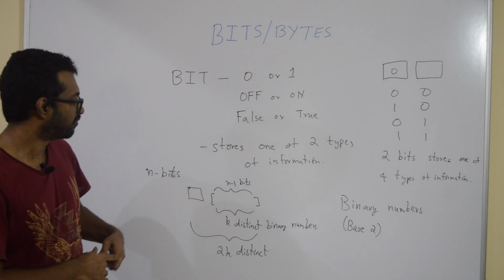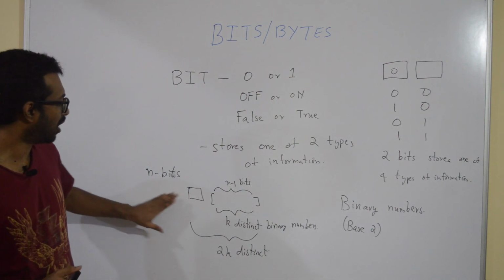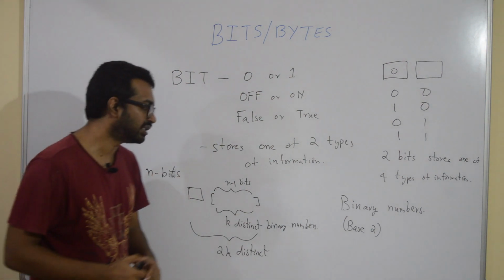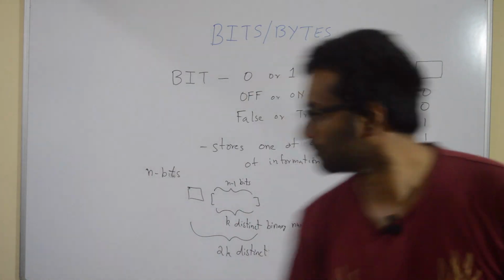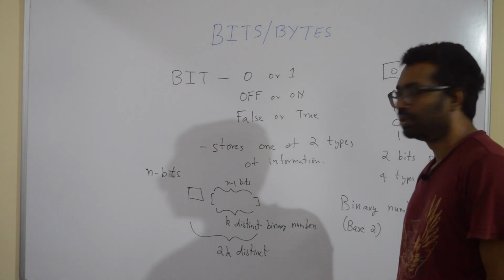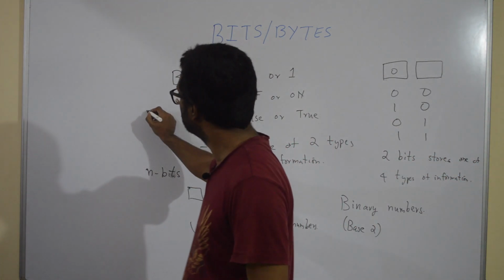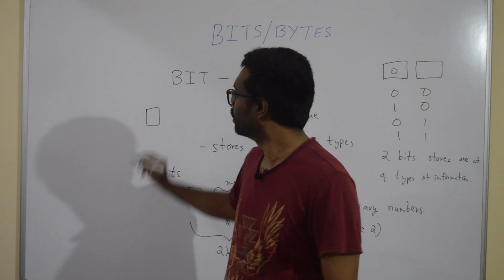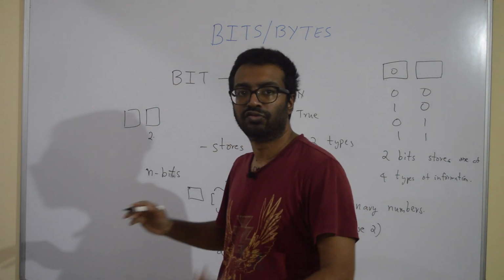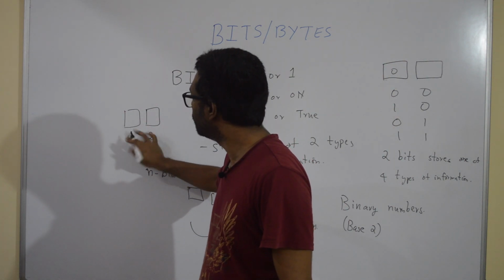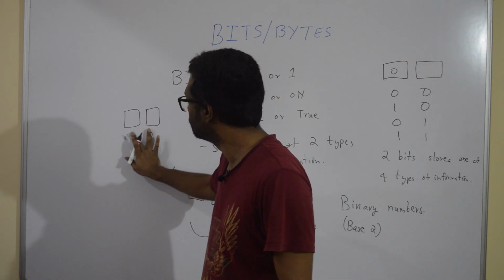That's also clear. From this, can we see the pattern? How many distinct binary numbers can n bits represent? Can you see that pattern? How many for 1 bit? 2. How many for 2 bits? 4, right? Basically 2 into 2.